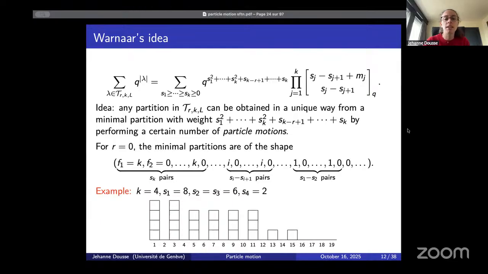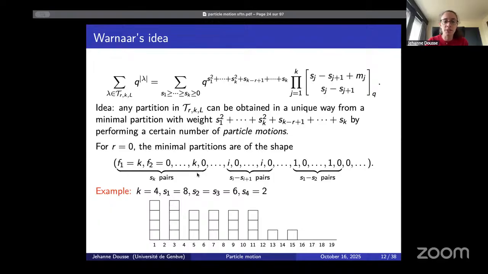So that you get an idea, the simplest case is when r equals 0. And in that case, you don't have this sum here, you just have the sum of squares. And in that case, the minimal partition is very simple. It has a frequency sequence given as follows.